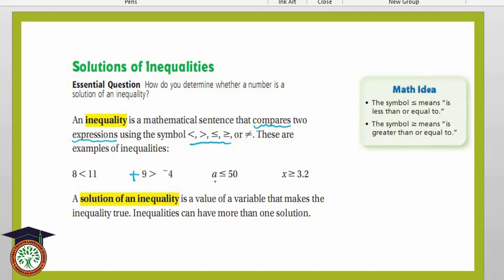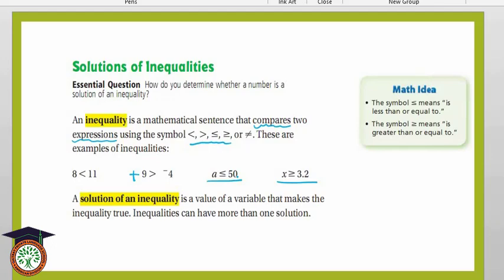So in this inequality and the previous one, we have many solutions for our variables. And this is one of the differences between equations and inequalities. In equations, we only have one solution that makes our statement true. In inequalities, we have many solutions.